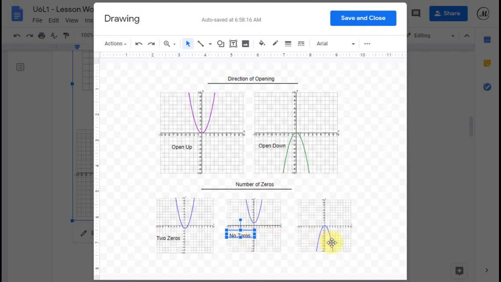And finally, this parabola here, it is open down. It could also be open up. The main feature here is the fact that the vertex is right on the axis. So in this case, the parabola only has 1 zero.